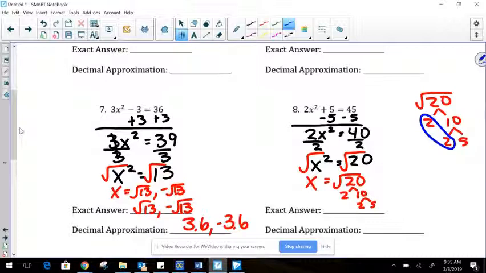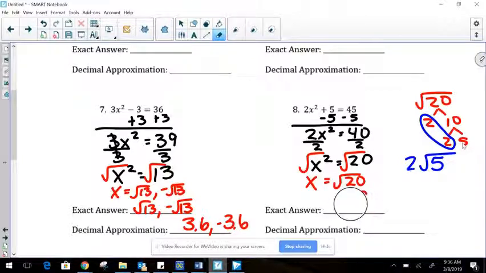All right, so I can have one guy escape out of jail. So the 2 is in front, and then I have the 5 is left in jail. There's no friend to come bail him out. This 5 is still in there. Okay, so this is my simplified answer for my exact answer.